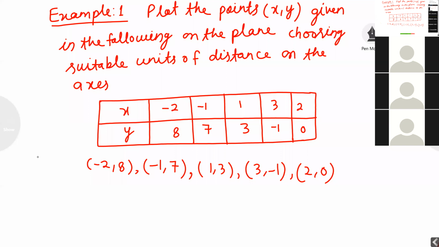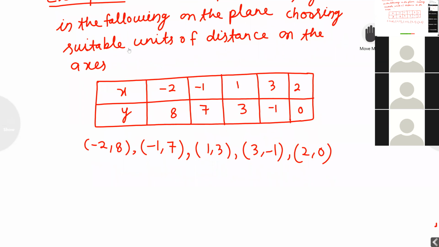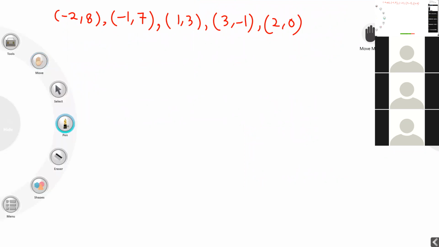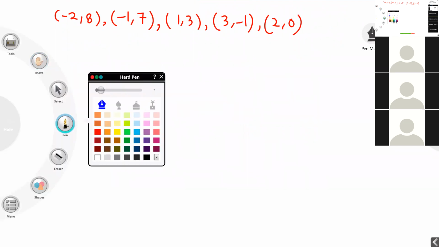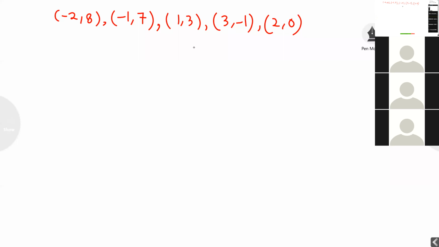Now this point I want to plot on the graph paper. Everyone open graph paper. Start plotting, everyone. If I am plotting any graph, firstly I want to draw axes, horizontal axis and vertical axis.